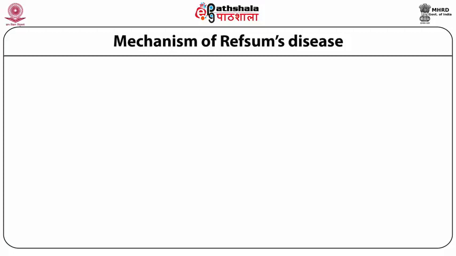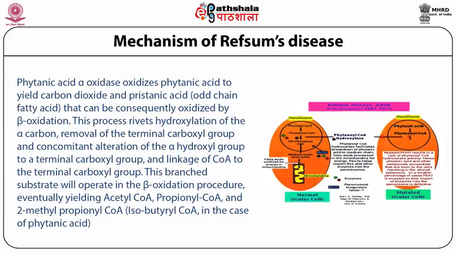The mechanism of the Refsum disease: the phytanic acid oxidizes to yield carbon dioxide and pristanic acid, and this pristanic acid is an odd chain fatty acid. This oxidation process and the conversion is carried out by phytanic acid alpha oxidase.